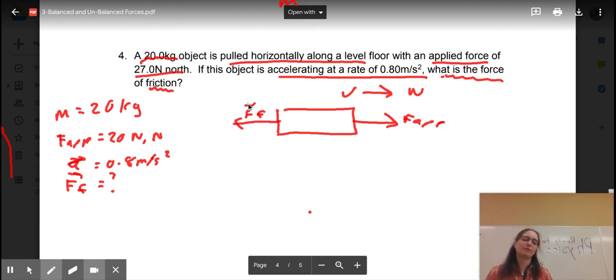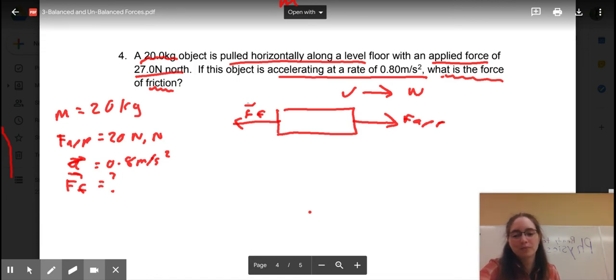Let's look at this diagram for a moment. What would I be deducting points off myself for? You're right. My force of friction arrow is too much the same size as my force applied. I can't tell the difference between them.